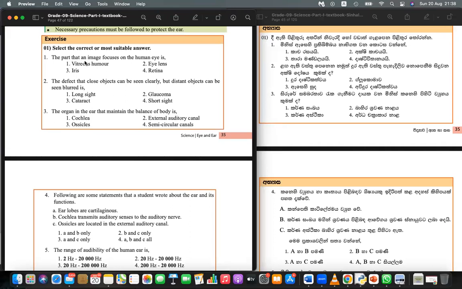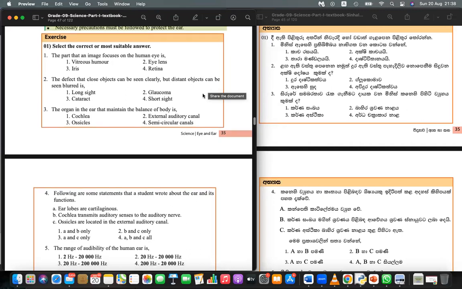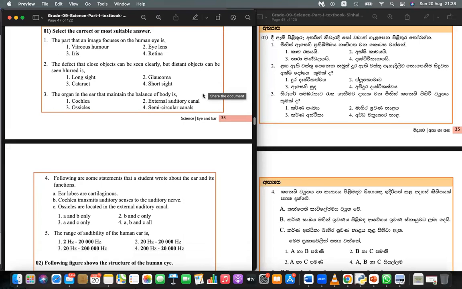The part where an image is focused in the eye is the retina. And in the retina, the yellow spot is the best. The defect where close objects can be seen clearly, but distant objects appear blurred, is short sight.